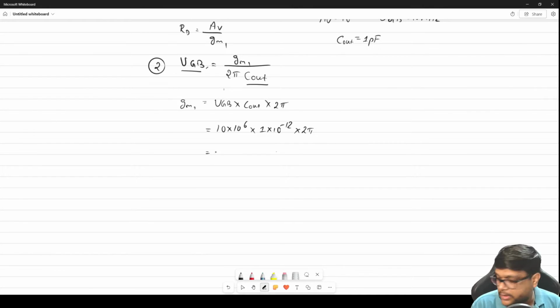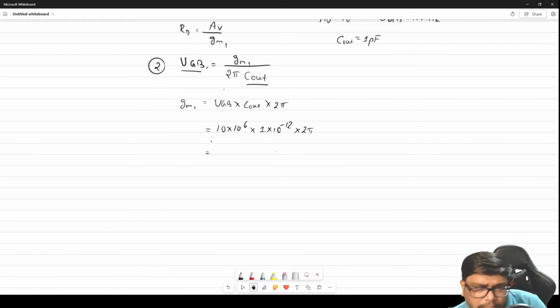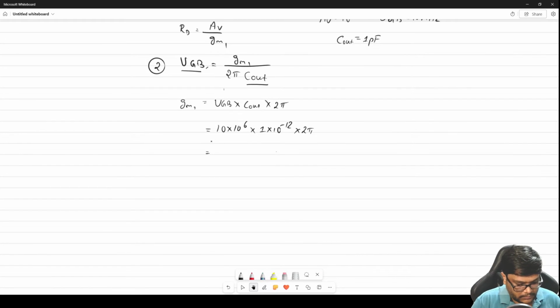So if we do the calculation, we are getting a value of around 62.8 microsiemens. Okay, so around 63 microsiemens.